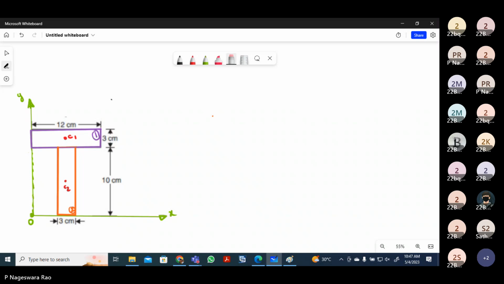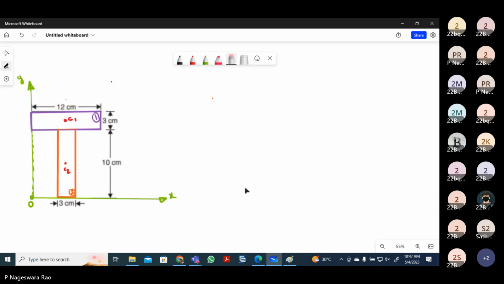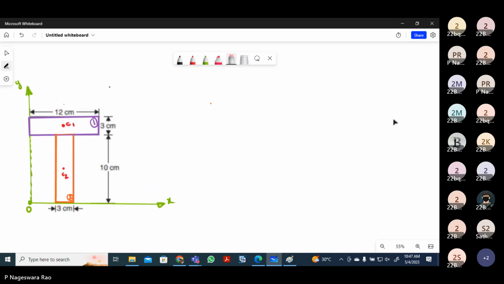I am giving a 10 minute break for the problem. Please solve it yourself, and I will explain after 10 minutes. Take each area, apply the standard formula, then measure the coordinates from the original origin.